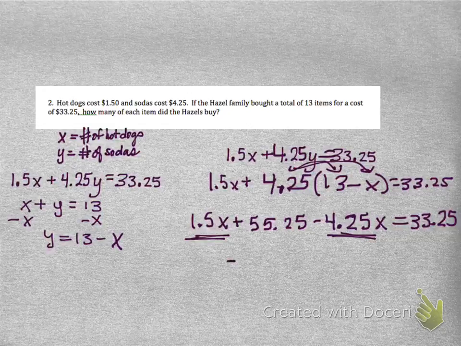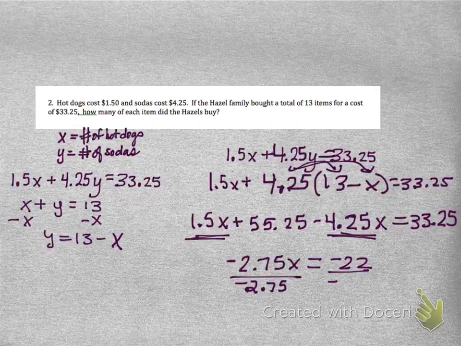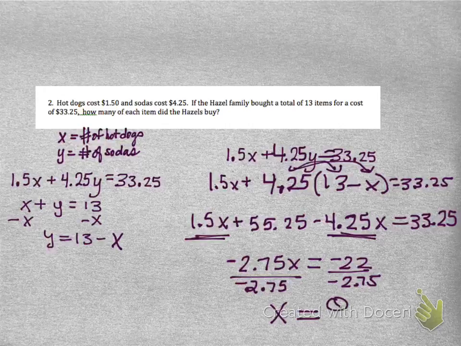That gives me a negative 2.75x is equal to a negative 22, and then dividing, which gives me x as 8.